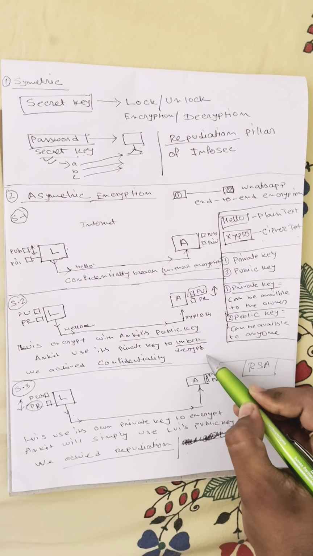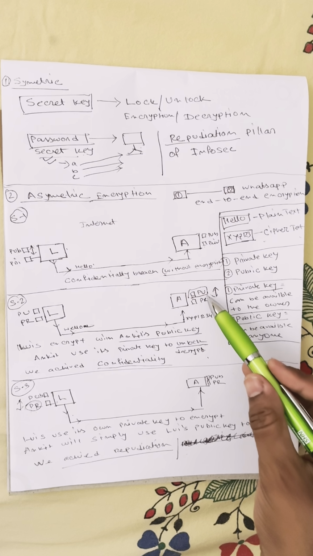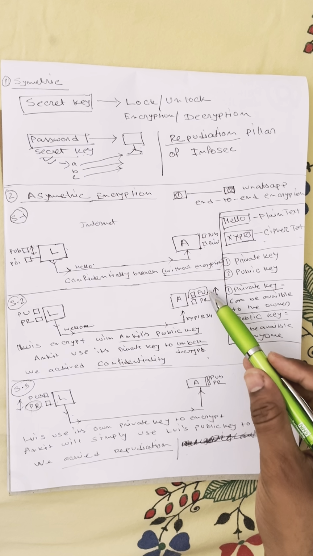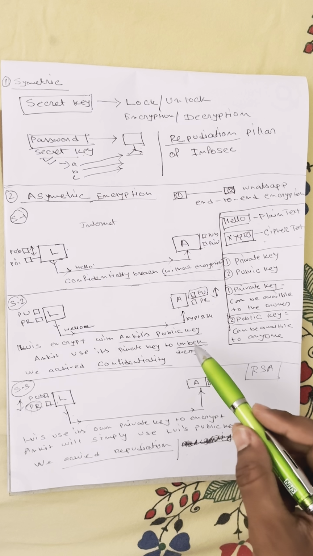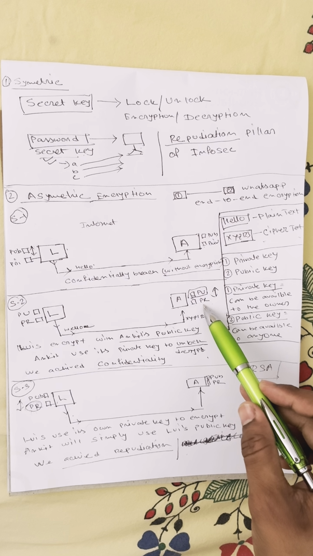You need to tell that for confidentiality, we need to get the public key of the receiver before encrypting the message, and the receiver will decrypt it through its own private key.